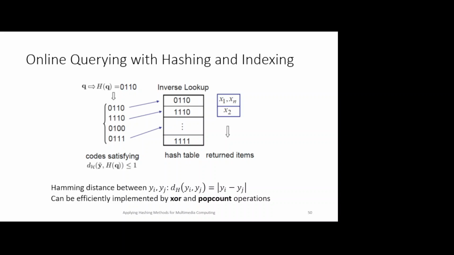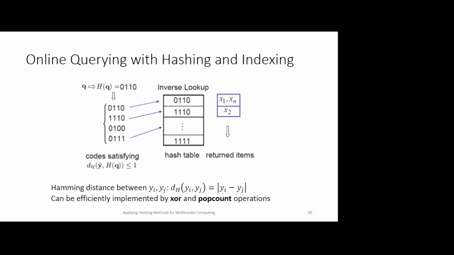For example, I hope the codes' Hamming distance to the query is smaller than or equal to 1. So you can list a set of candidate codes, search their inverted files, and find the candidates stored in those buckets.